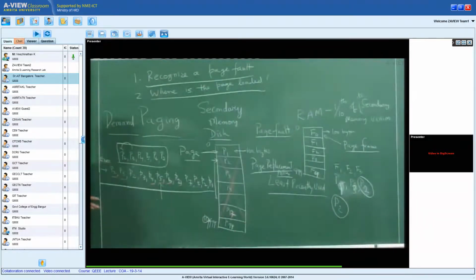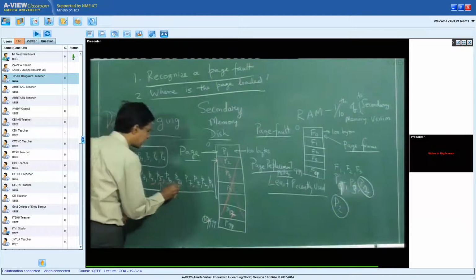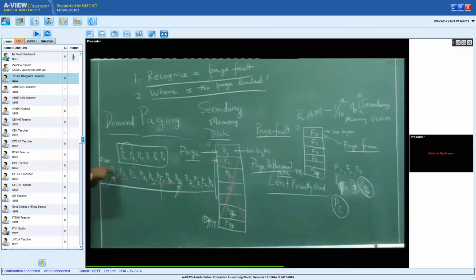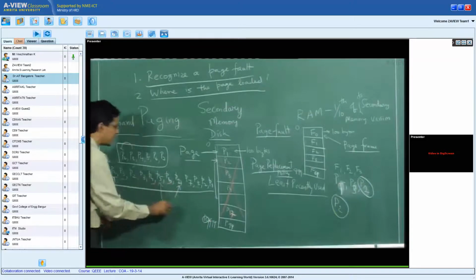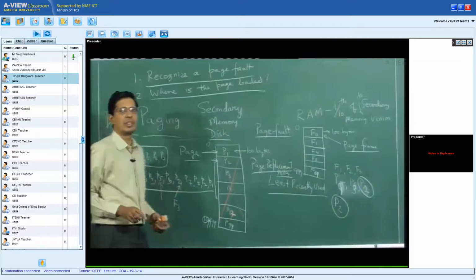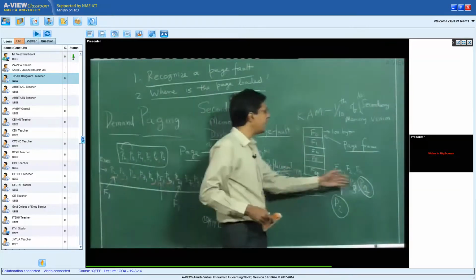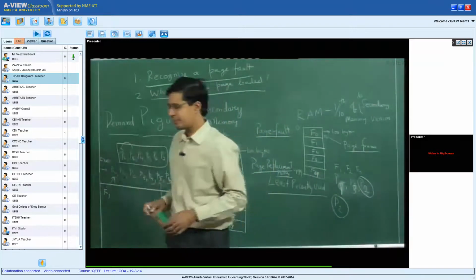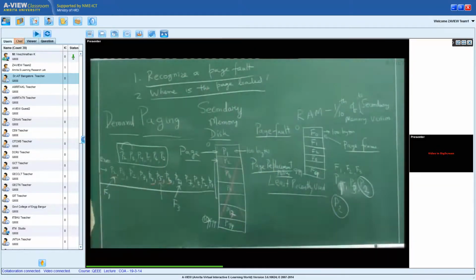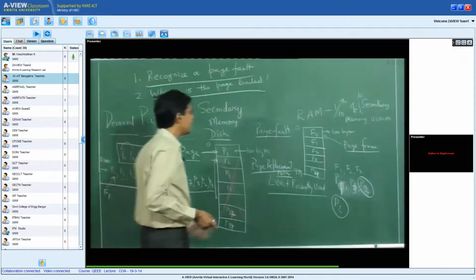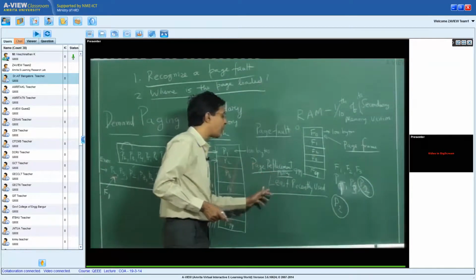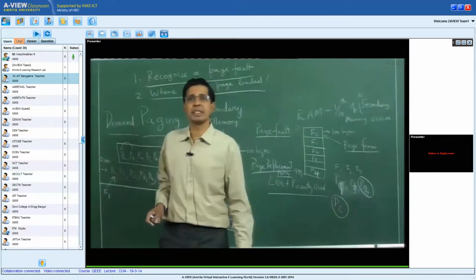So P2 was loaded into the memory twice, one here and one at this point. At this point it was loaded in frame 1, at this point it was loaded in frame 3. So any page here can get loaded into any of these 3 frames, right? And which frame it is going to get loaded is dictated by the page replacement policy or least recently used policy.